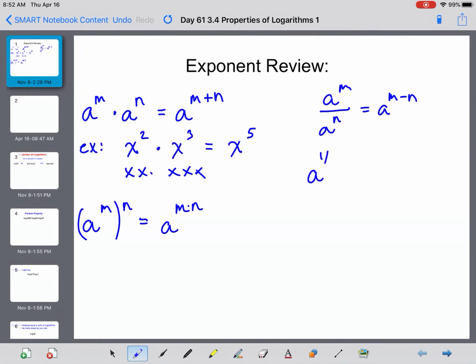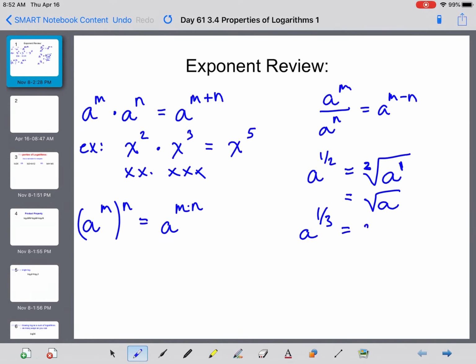The other thing, just to kind of remind ourselves, when we see a fractional exponent, not to be scared of them, a to the 1/2 power is completely equivalent to a to the first power, and we're taking the square root of it. Now I put a lot of extra numbers in there, so it would ultimately look like that, but we are lazy and there is a 1 right here and a 2 right here that we don't write.